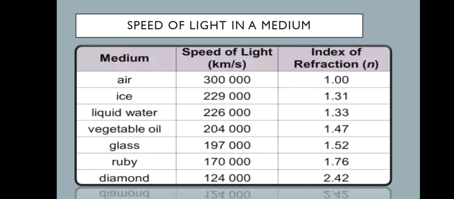You can see that the speed of light is given in kilometer per second. In air, the speed of light is 3 into 10 raised power 8 meter per second. It is a constant quantity and you are familiar with this. Ice, liquid water, vegetable oil, glass, ruby and diamond are also given, and the index of refraction is also given.